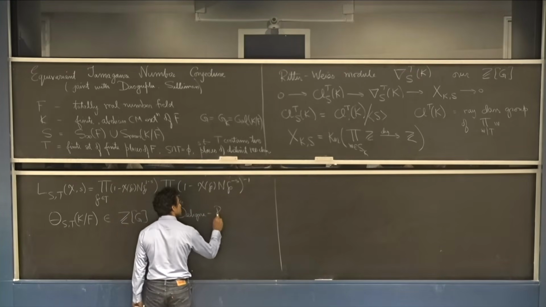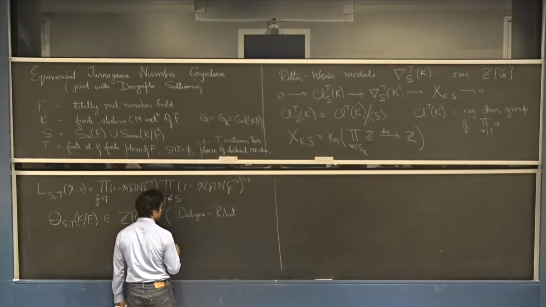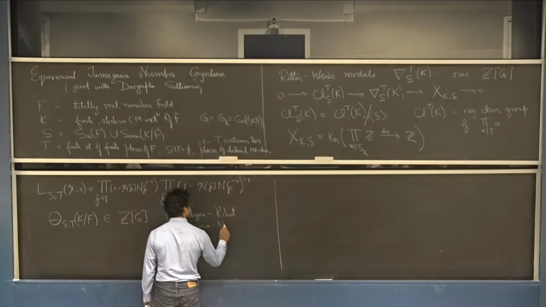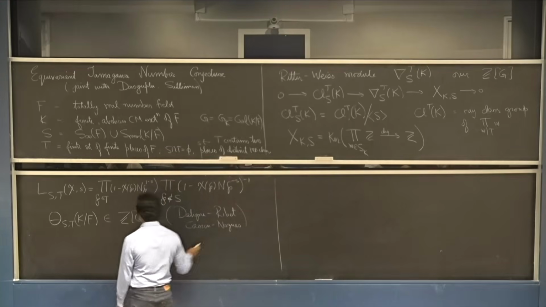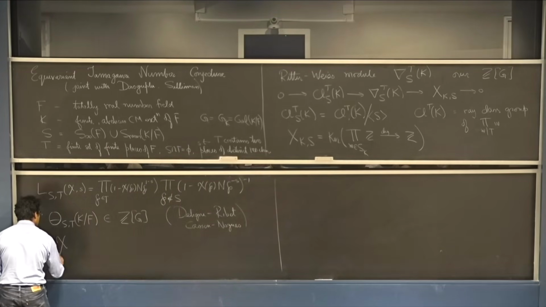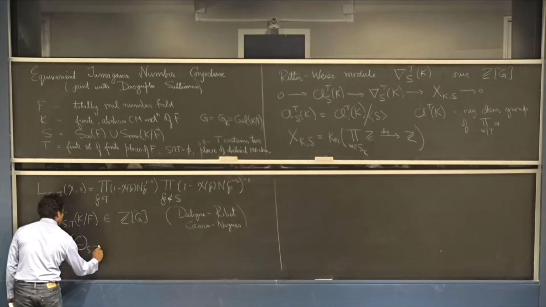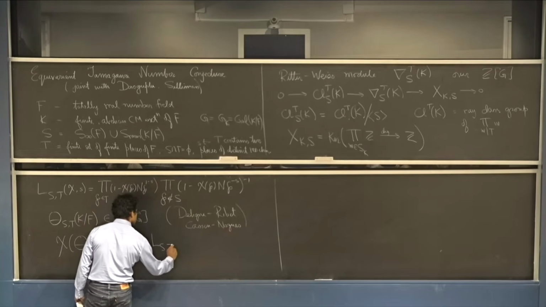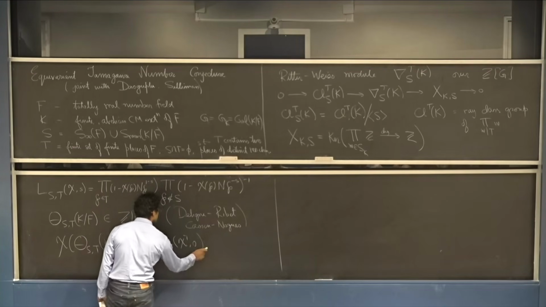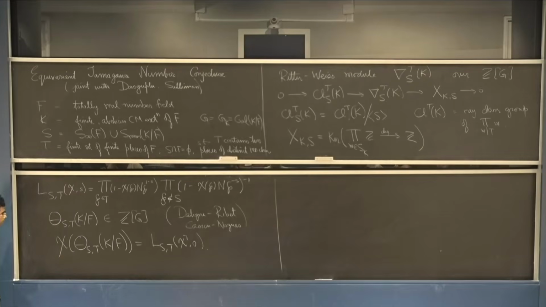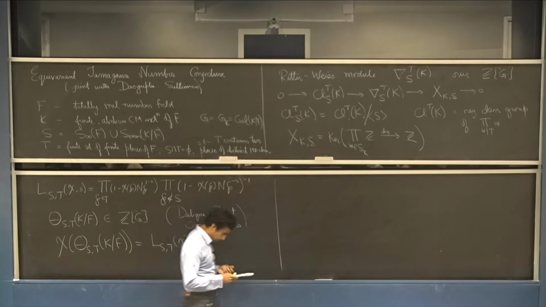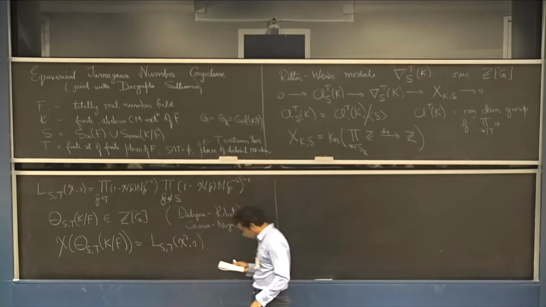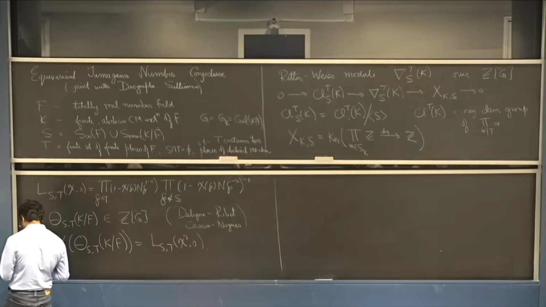And I'll tell you what this is: such that for any character chi of G, when I evaluate this at chi, I get L_{S,T}(chi inverse, 0). That's my Stickelberger element.